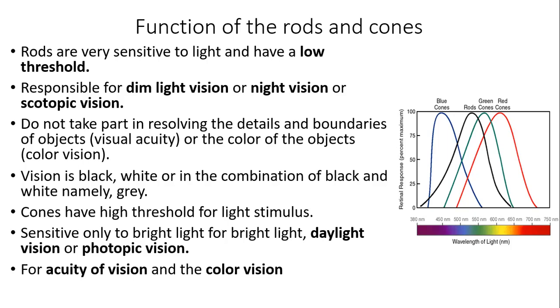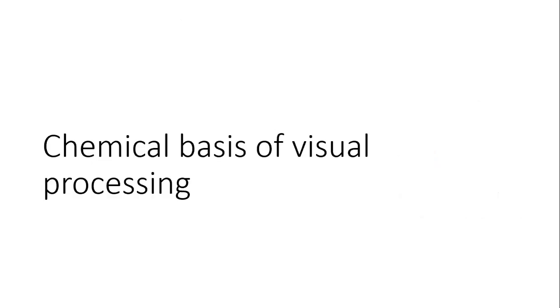This is a diagram showing the visual spectrum, which ranges from 350 to 750. If we go above or below that, it's difficult to get a clear image. On top you can see blue cones, rods which are black, then green cones and red cones, because there are about 3 different colors that the cones are able to perceive.